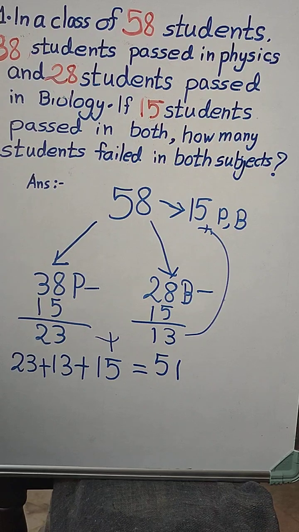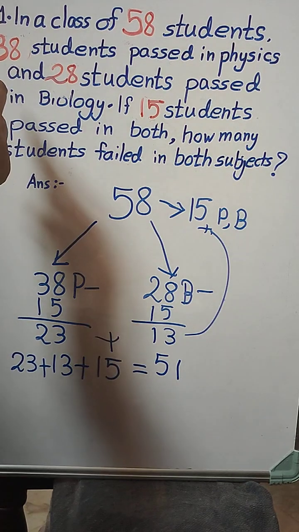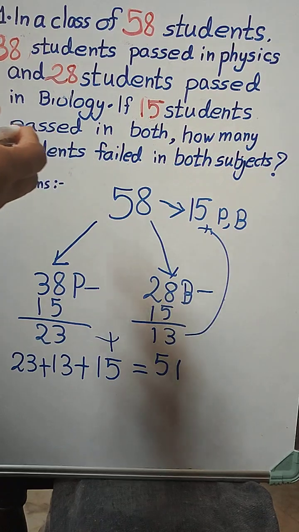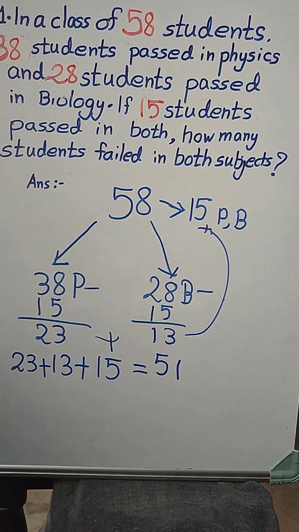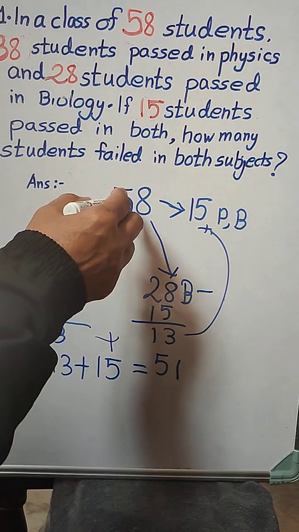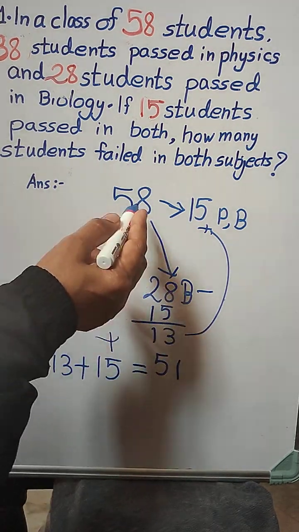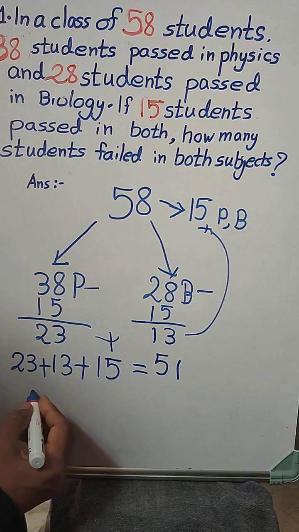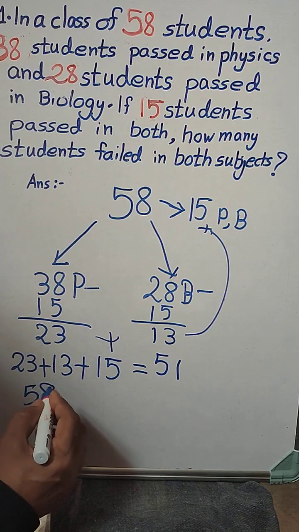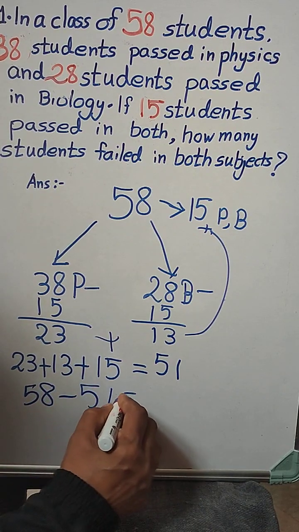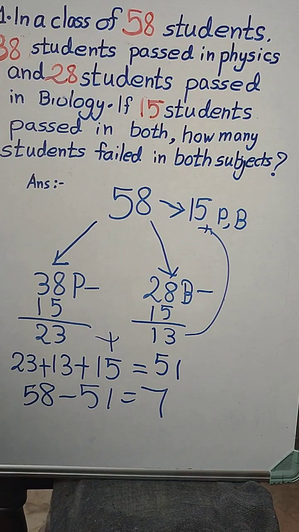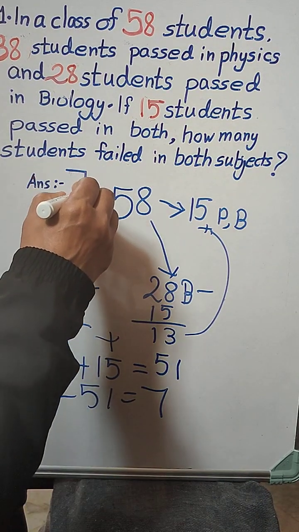So 51 students passed in either physics or biology or both the subjects. Now there are 58 students in total, 58 minus 51 is equal to 7. So here 7 is the answer.